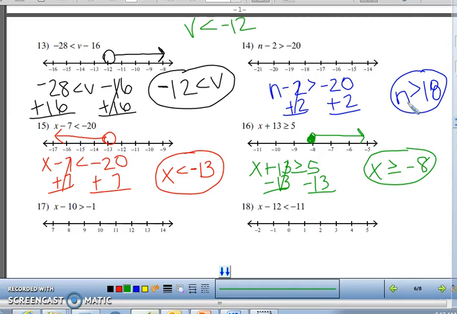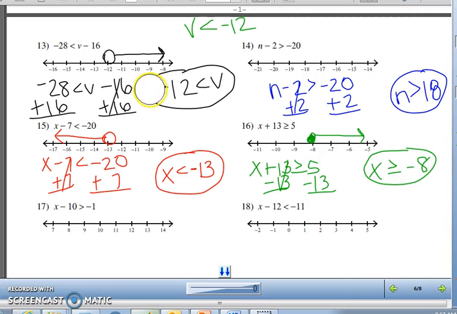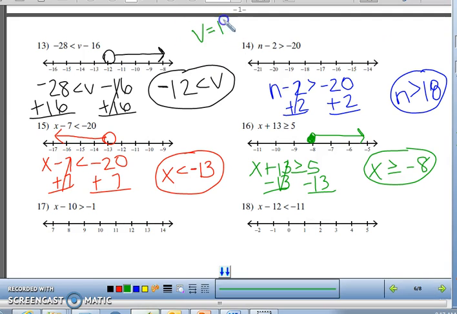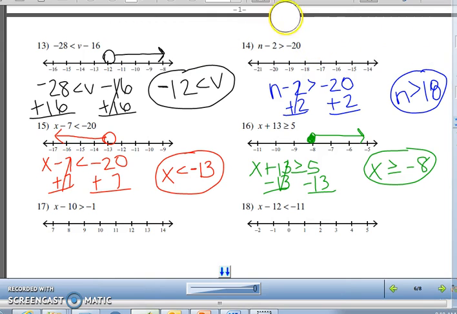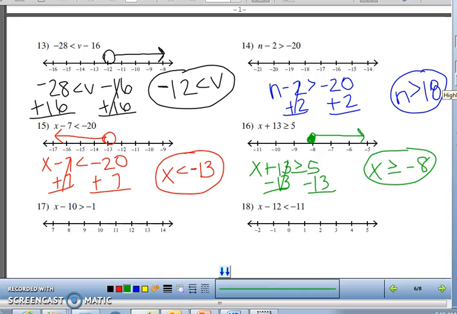Now this is different from when we were doing equations, because when we were doing equations, I said you could say v equals 12 or 12 equals v, because those mean the same thing. But remember that if I switch these around with inequalities, they do not mean the same thing. So that's super important. And then also remember that the other day we said that most of the time, if you take the symbol in your problem and create an arrow out of it, it tells you which way the arrow points in your number line.